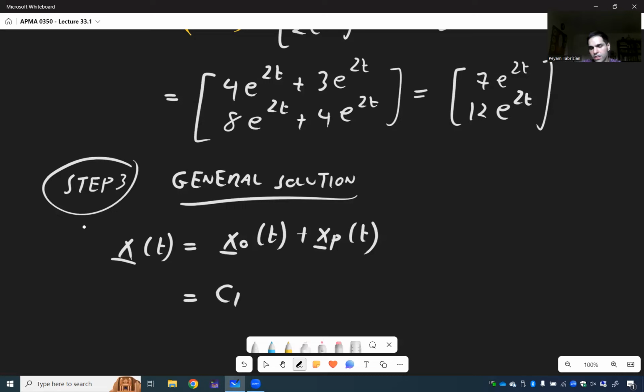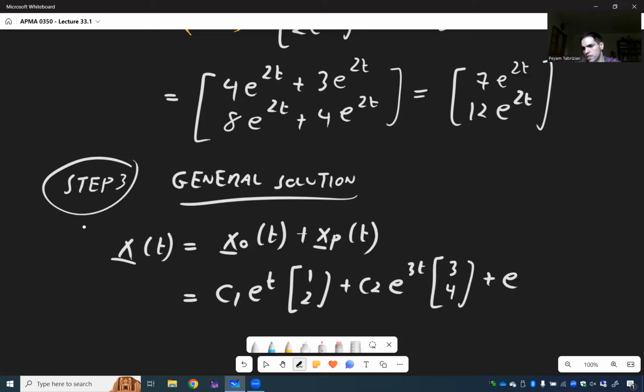So that's c1 e to the t times 1, 2 plus c2 e to the 3t times 3, 4 plus e to the 2t. So I factored out e to the 2t here. We get e to the 2t times 7, 12. And that's all she wrote.